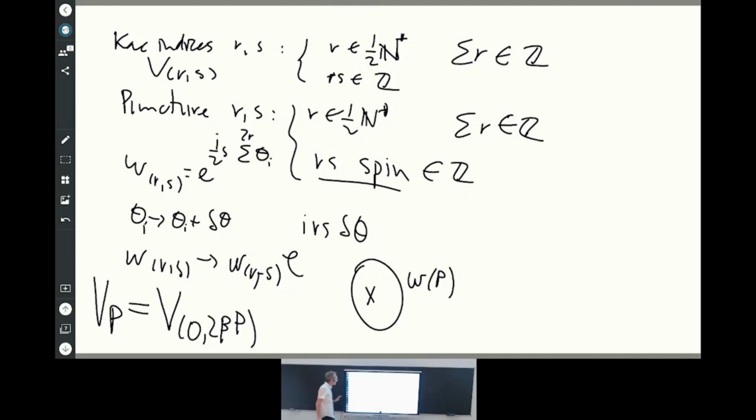What we'll do is take this formula for the weight, apply it to these indices 0 and 2 beta P, but for a specific angle. Since we're interested in a closed loop like that, what should be the angle? Well, I want to claim the angle is 2 pi. So we'll say that W of P should be e to the i over 2 times S, which is now 2 beta P, times 2 pi. Well, does this look correct?